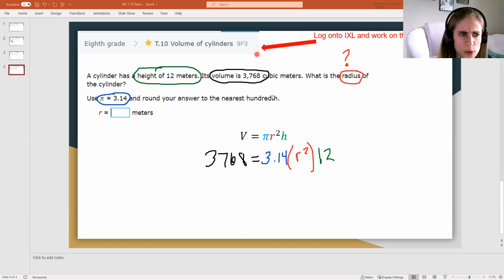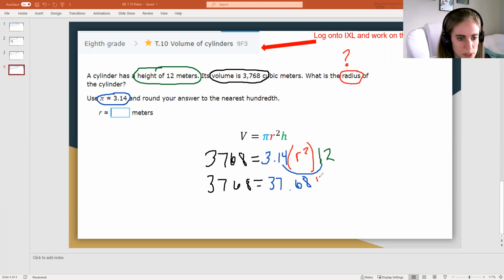Let's go ahead and just stick with that method for right now. So 3.14 times 12 is equal to 37.68, so we still have our 3,768 here. That is equal to 37.68, because we multiplied these two, times r squared.